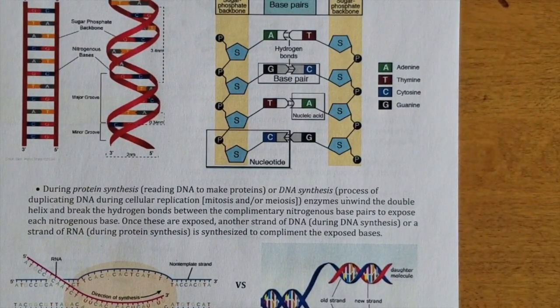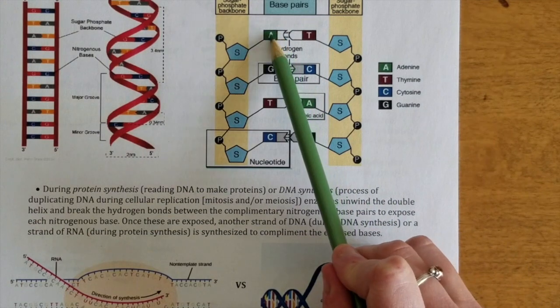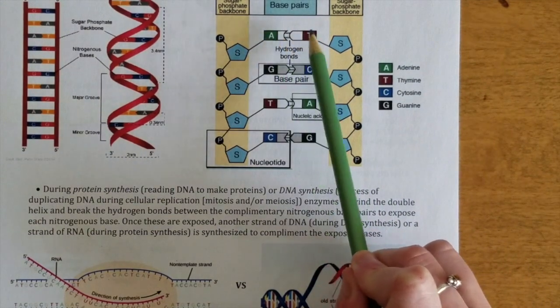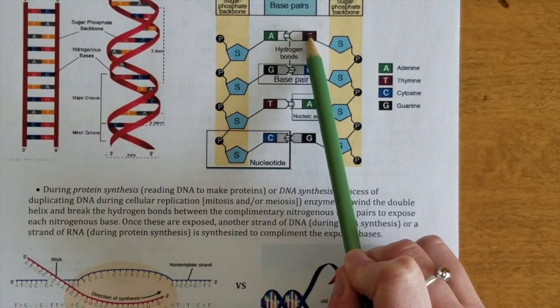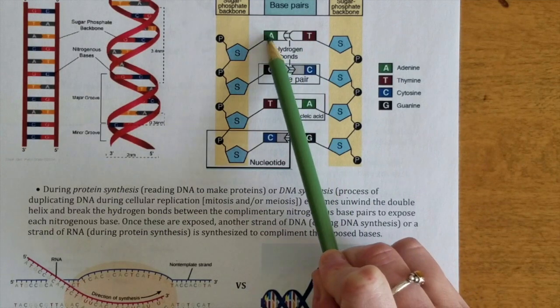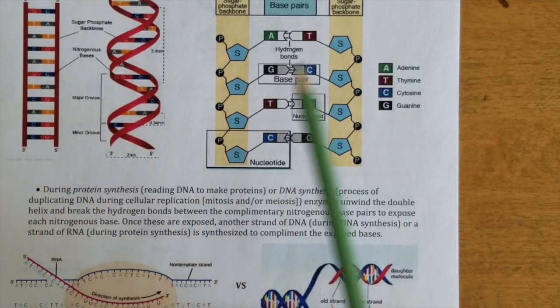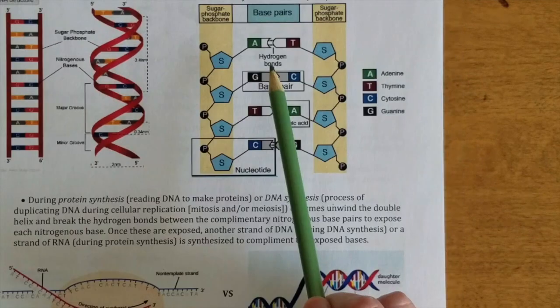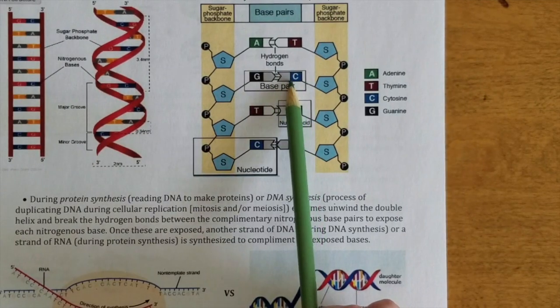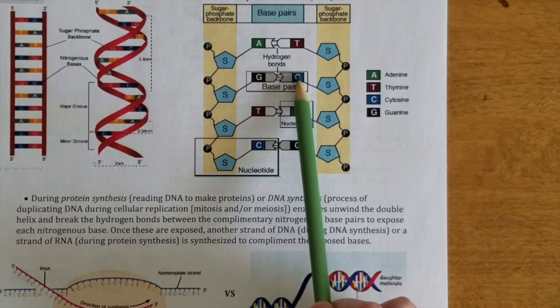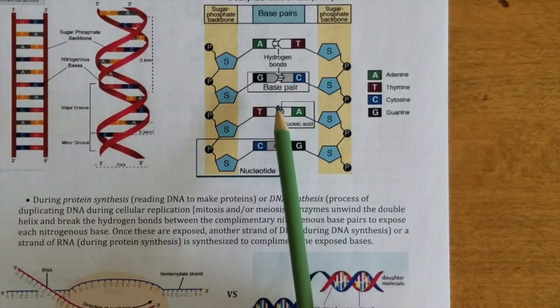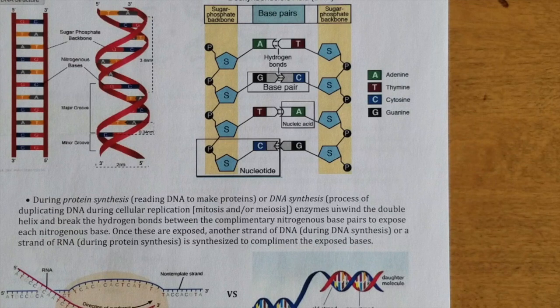Since this is DNA, we are not using any uracil, but rather adenine forms a bond with thymine, so purine plus pyrimidine, and guanine forms a bond with cytosine, so purine pyrimidine, and these are hydrogen bonds holding those together in the middle.